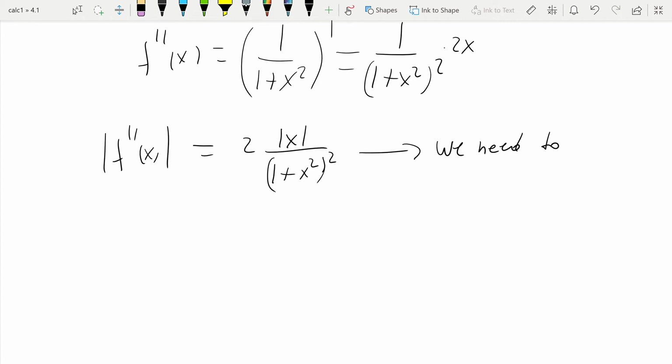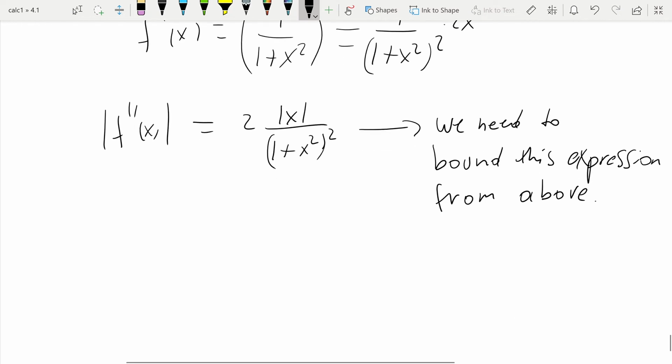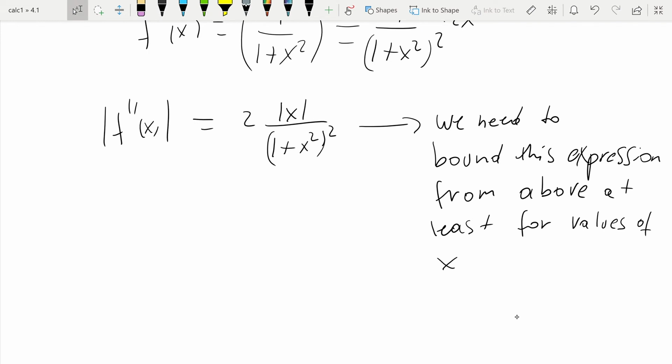But we can speak about finding a bound for this expression from above, at least for values between, according to the previous video, 1 and 1.01.